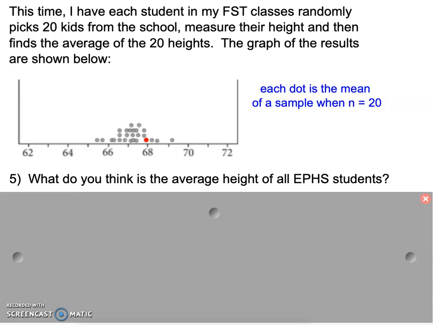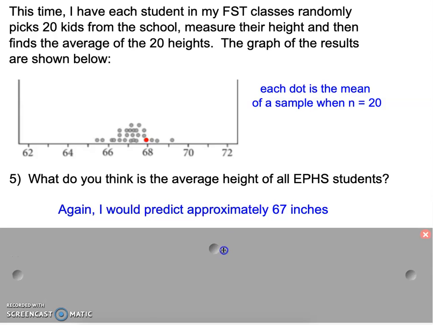That 68 was obtained by one of my students measuring the heights of 20 kids, taking the average, and then graphing it. So that one red dot is the average from their 20 kids. Each of the other dots was gotten in the same way. What do you think the average height is based on this example? Again, I would predict it's about 67 inches, approximately the middle of that dot plot.